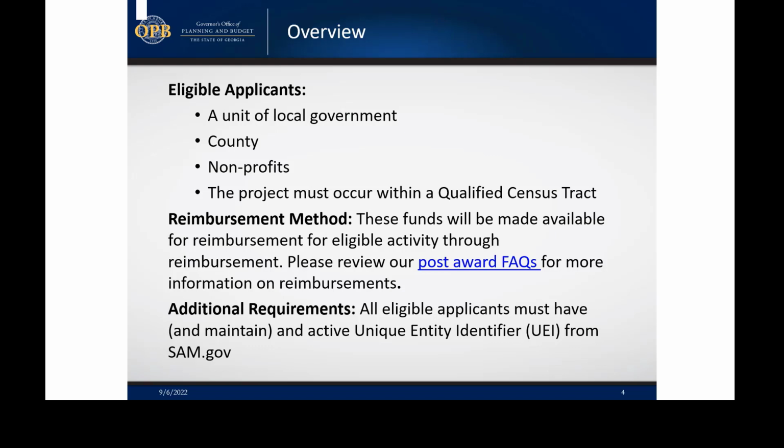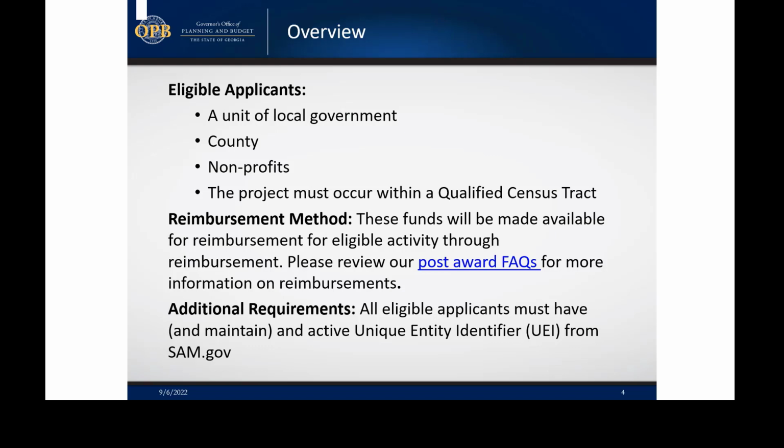These funds will be reimbursement method for eligible activity through the project period, which will begin upon award approval. So unlike our first tranche funds, where it was water, sewer, broadband, negative economic impact, etc., and those funds were able to go back to March 3rd of 2021, these funds are forward-looking. So we're looking for new projects, and again, those projects would start upon being awarded by OPB, going through our onboarding process and being moved to the approved status.